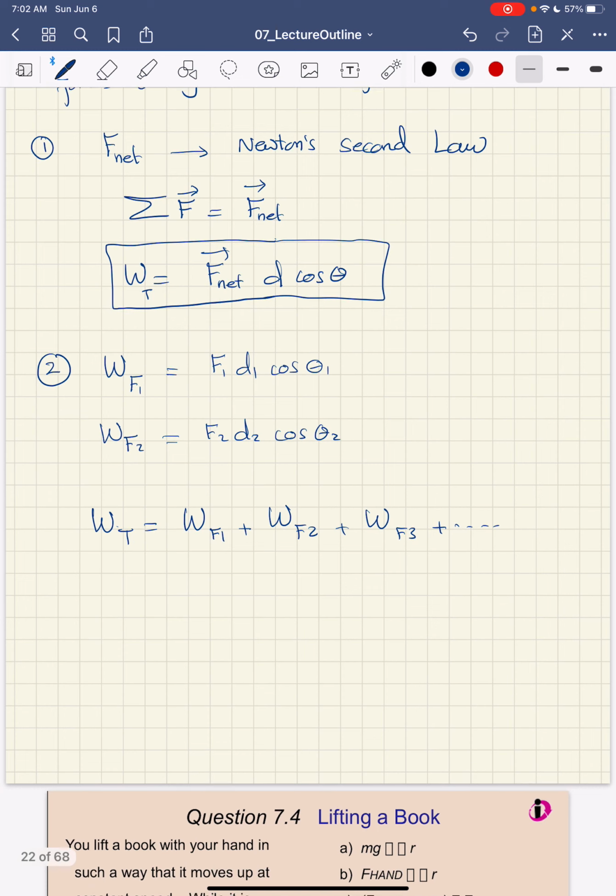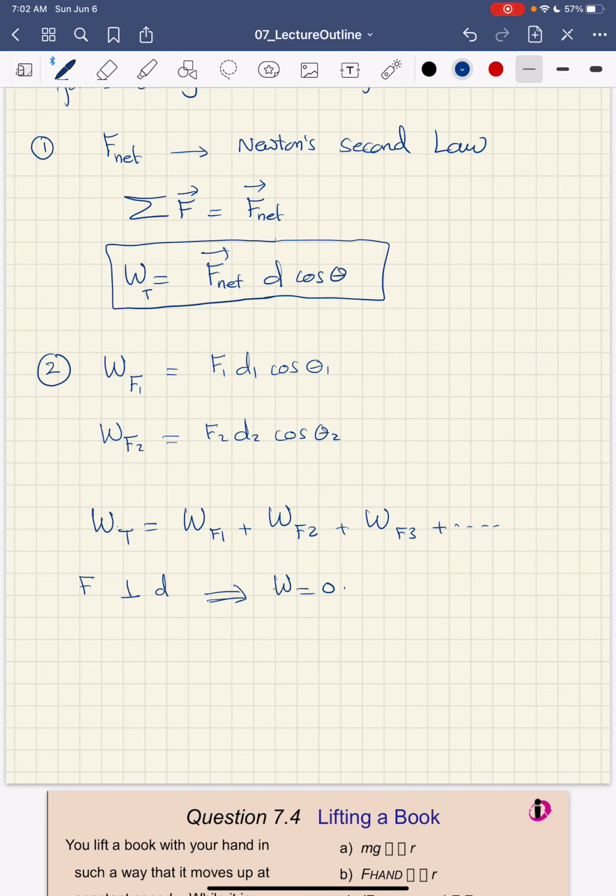I just want you to remember why I like this approach: you can eliminate any force that is perpendicular to the displacement, because then the work is 0.